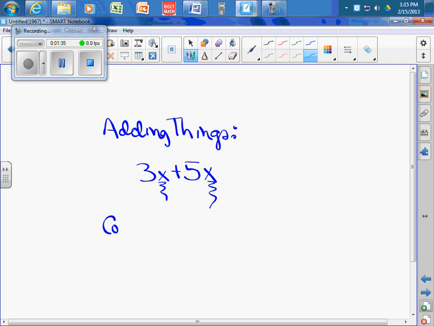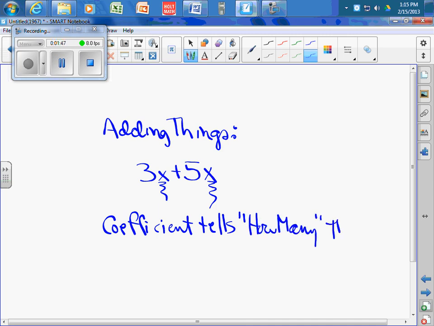Remember that the coefficient tells how many things we're talking about, how many we have. In this case, there are 3 x's, and in this case, there are 5 x's. What do you get when you add 3 x's and 5 x's together? You have 8 x's. So the answer would be 8x.